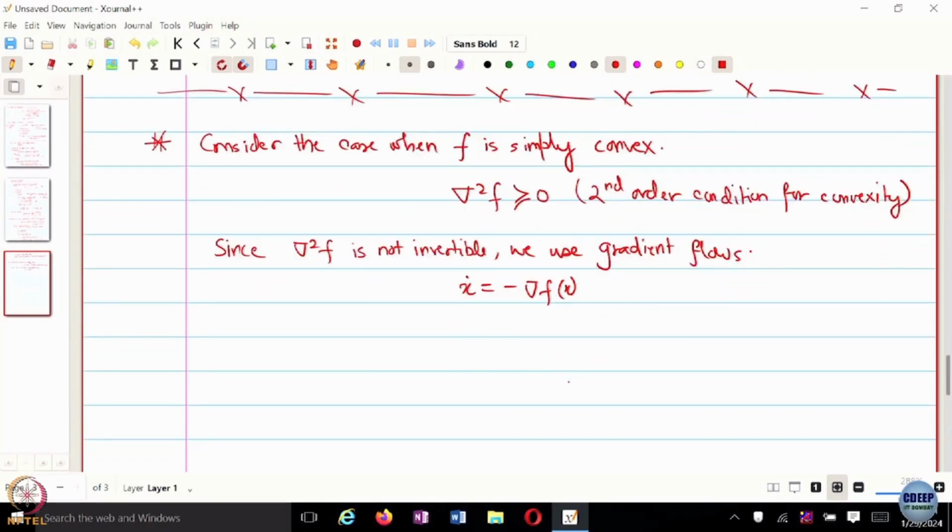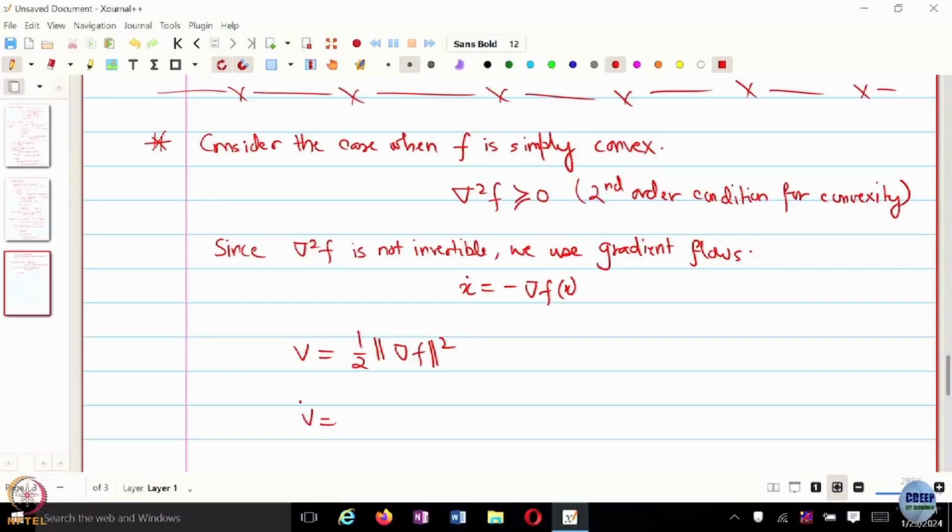Okay. So now if I choose a Lyapunov function v to be the same as half norm of gradient f squared, again as I said, there aren't many choices. Either this or f of x minus f star would work depending on the kind of assumptions that you make on the function. You can be creative and try to come up with Lyapunov functions which are non-intuitive, but at least intuitively these, and I am going to talk about one more type of Lyapunov function, would be good suitable candidates, but not more than that.